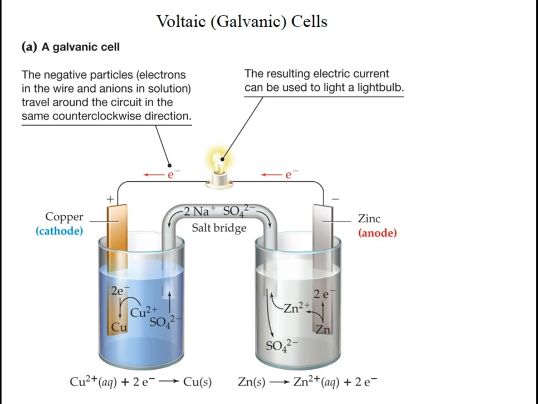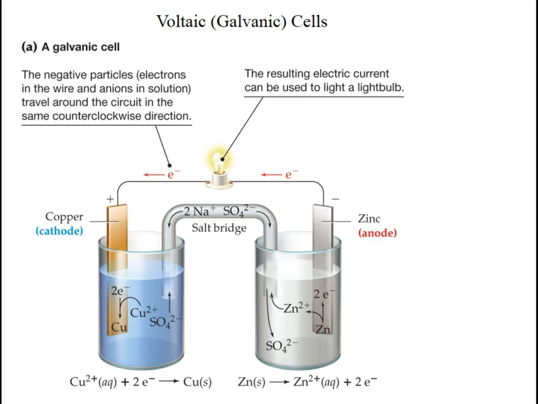Now, if you look at the left-hand side, the copper 2 is forming copper solid, which means what happens there is that we're losing cations. So cations must flow into the left compartment, and anions must flow out of that compartment. So you should be aware of the flow of the ions. Now, cations always flow to the cathode, and that's the reason they're called cations, is because they flow to the cathode.